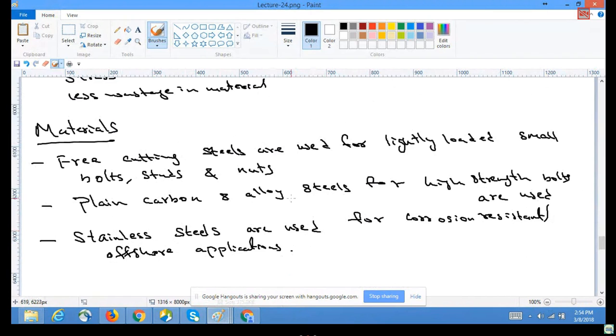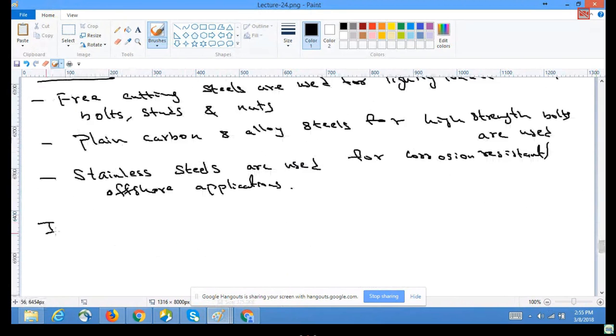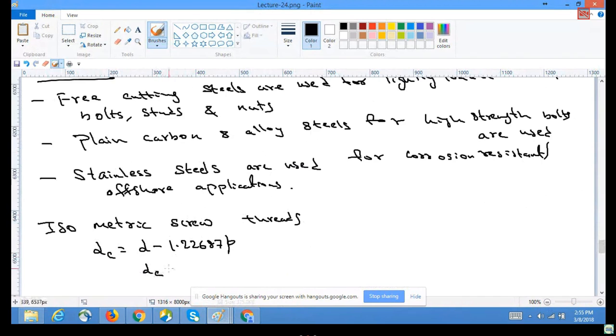When we have threaded things, there is ISO metric screw threads, which we generally follow, in which the core diameter is 1.22687 times the pitch of the thread, and dc, which in this case is approximately 0.8 times d.